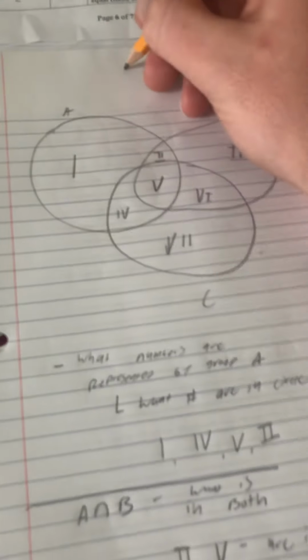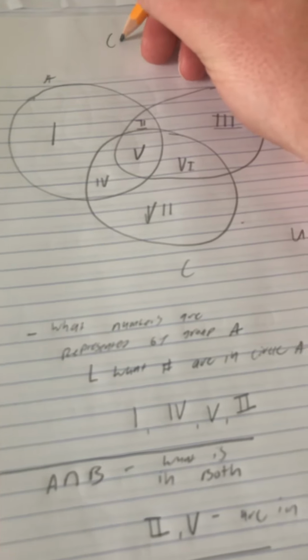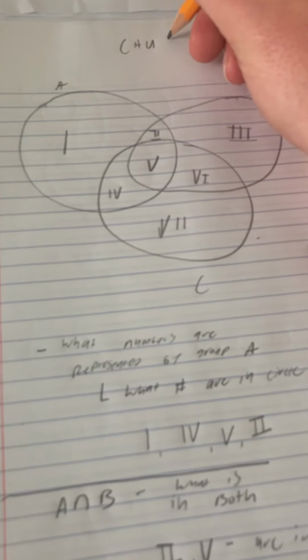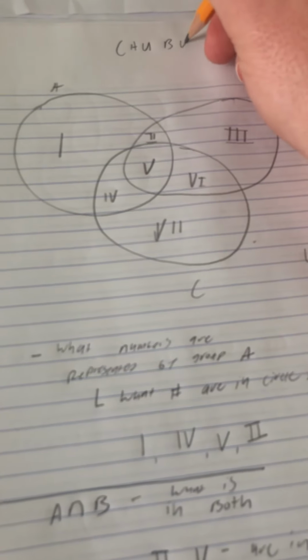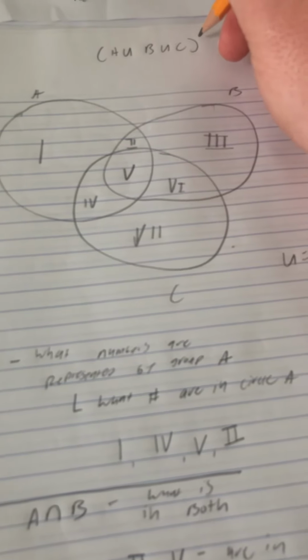Go ahead and answer one more question here. Let's go ahead and answer one that kind of looks like a mess right here. It's asking for A union B union C, but then again, we see that complement right there.